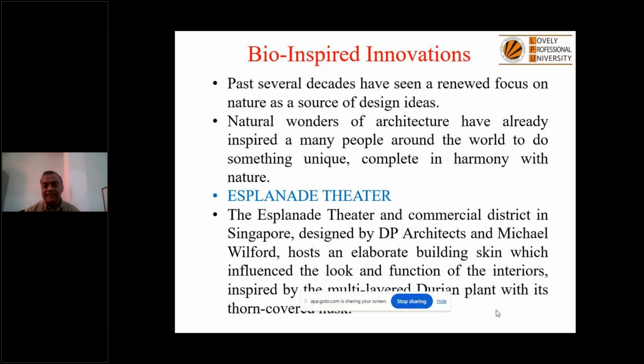This theatre is in a commercial district in Singapore. It is designed by DP Architects and Michael Wilford. It hosts an elaborate building scheme which influences the look and function of the interiors, inspired by the multi-layered durian plant with its thorns.